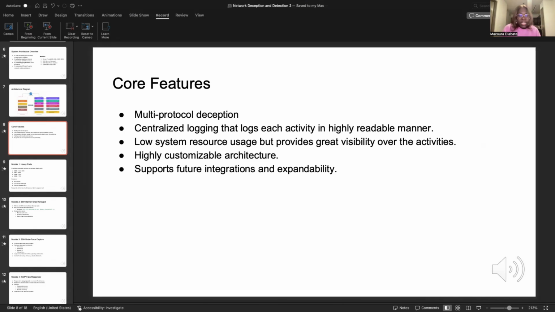You're not locked into one rigid setup. You can customize it to match your exact environment and tailor it to your specific security concerns, flexible for different organizational needs. Feature five, future integration and expandability. This can be integrated with different security tools in the future.